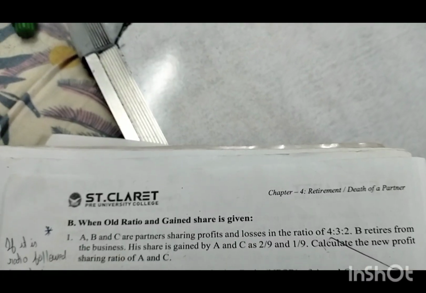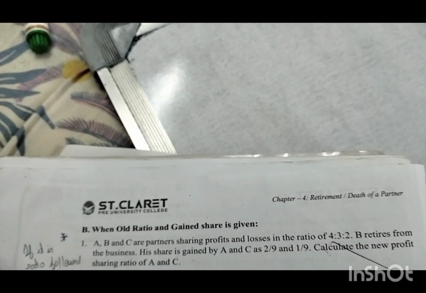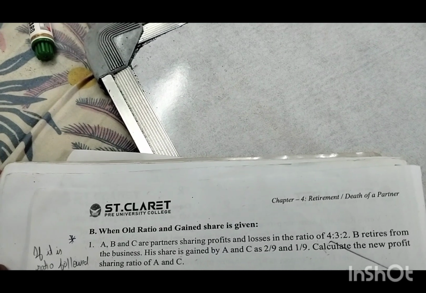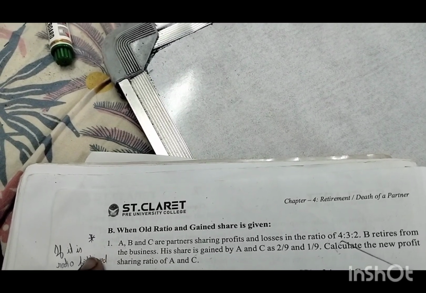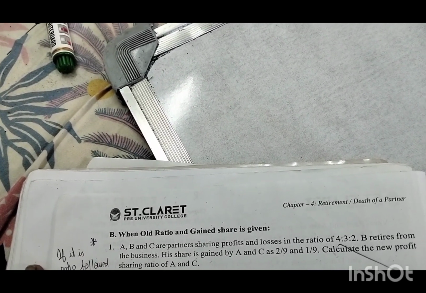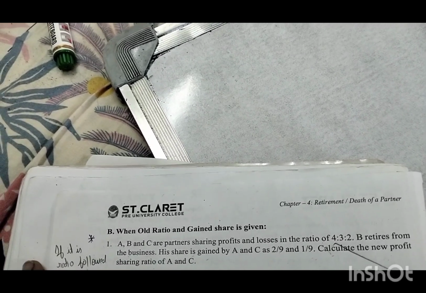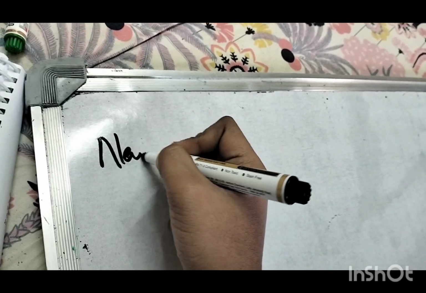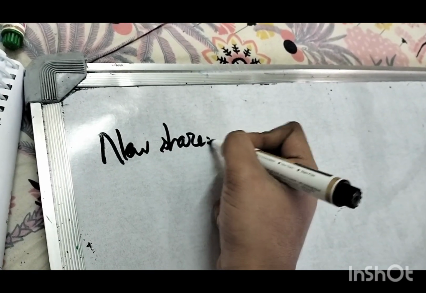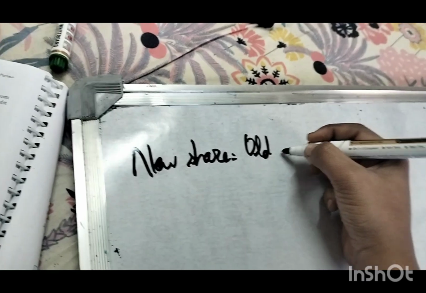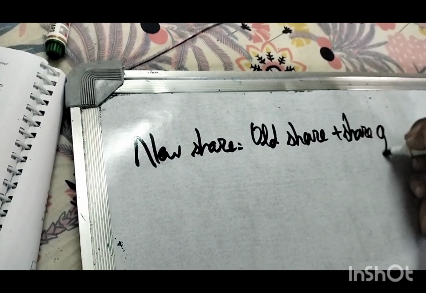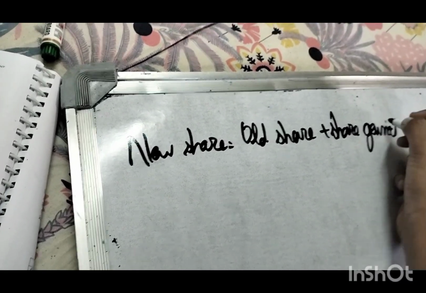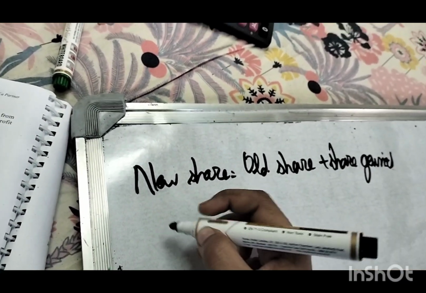In this question, they have given A, B, and C are partners sharing profits and loss in the ratio 4:3:2. B retires from the business. His share gained by A and C is 2 by 9 and 1 by 9. Calculate the new profit sharing ratio of A and C. So first you write new share is equal to old share plus share gained.